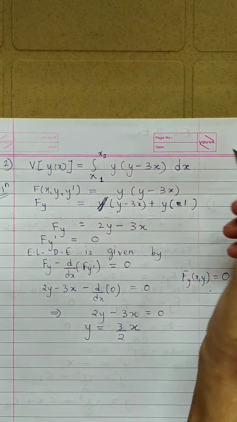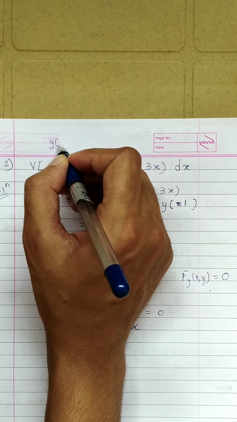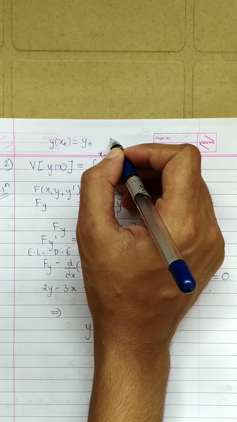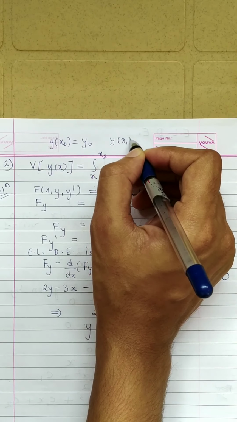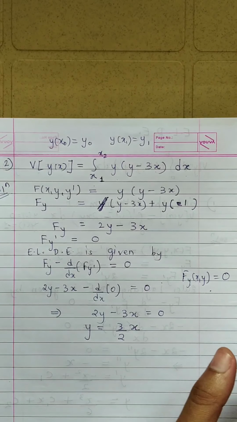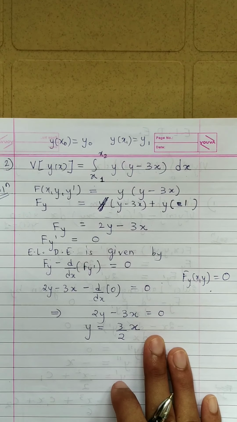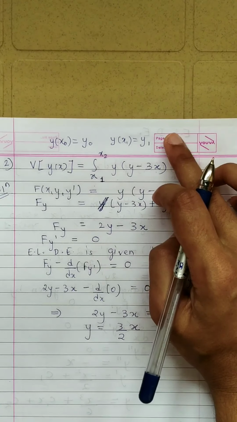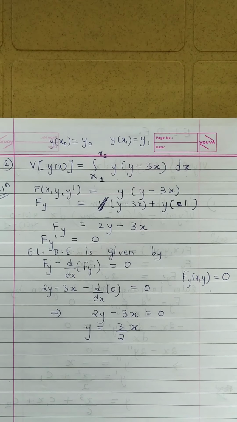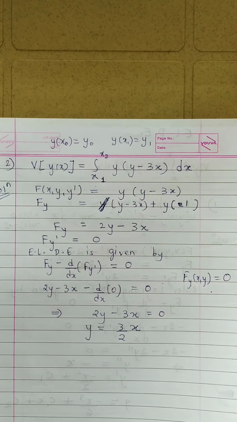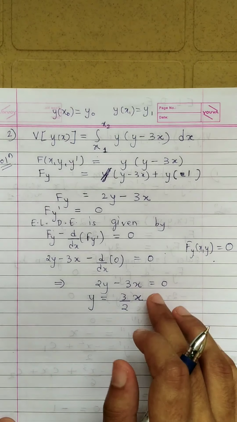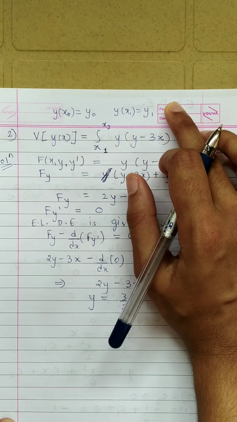So if the boundary conditions are y at x naught equal to y naught and y at x1 equal to y1, then this solution will not satisfy these boundary conditions, generally. But only under special cases, there are exceptional cases wherein this function will satisfy the boundary conditions.